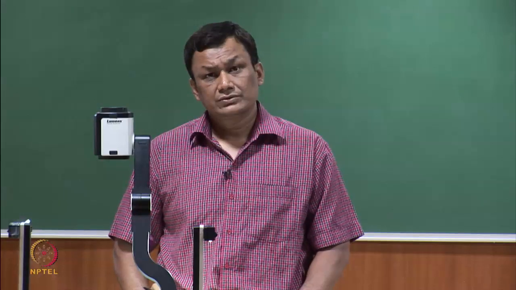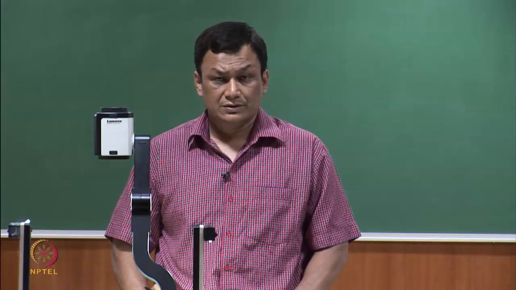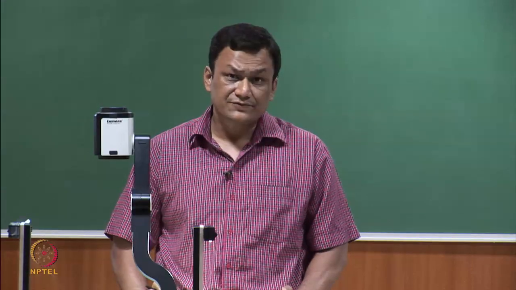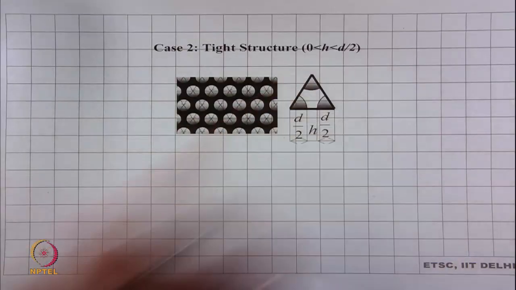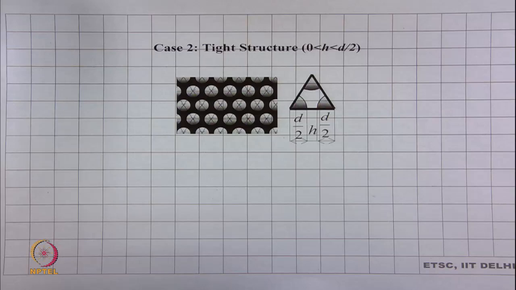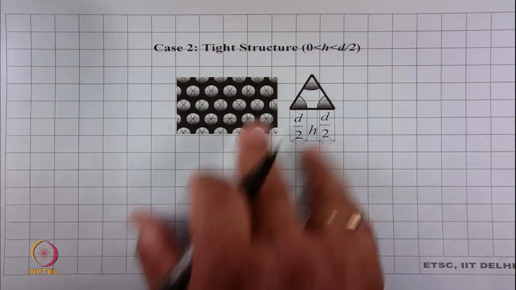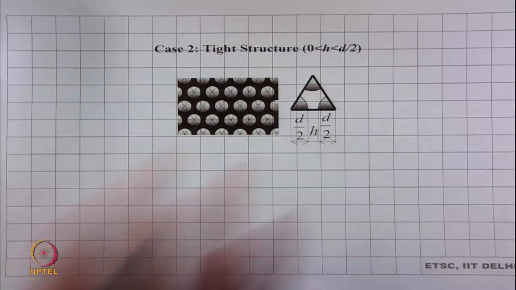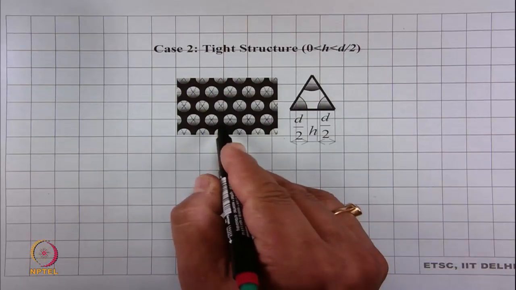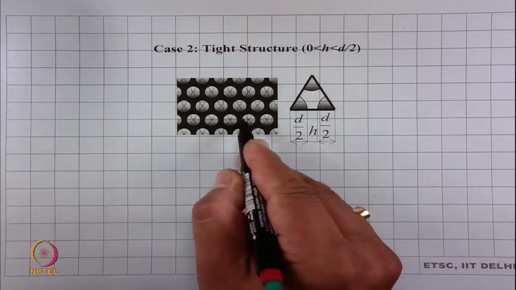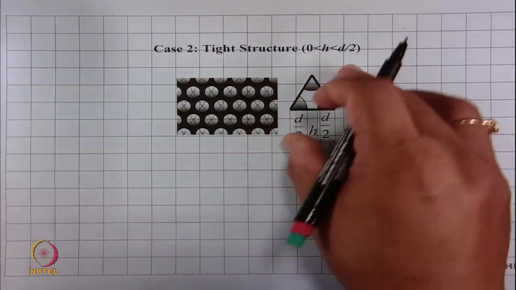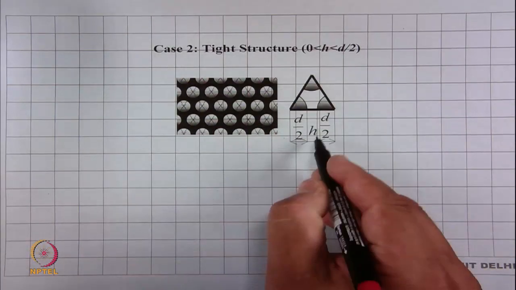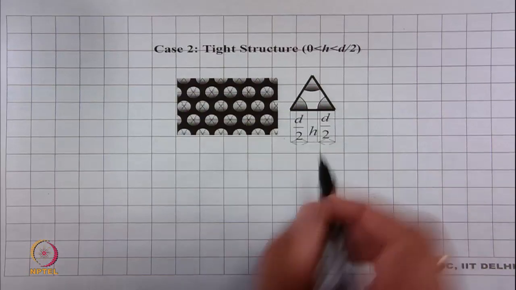It is not equal to 0. However, it is small. How small? It varies from 0 to half of the diameter of fiber, so 0 to d by 2. The scheme of this structure is shown here. You can see a little gap between fibers. The unit cell of the structure is shown here, where there is a value of h which is very small.